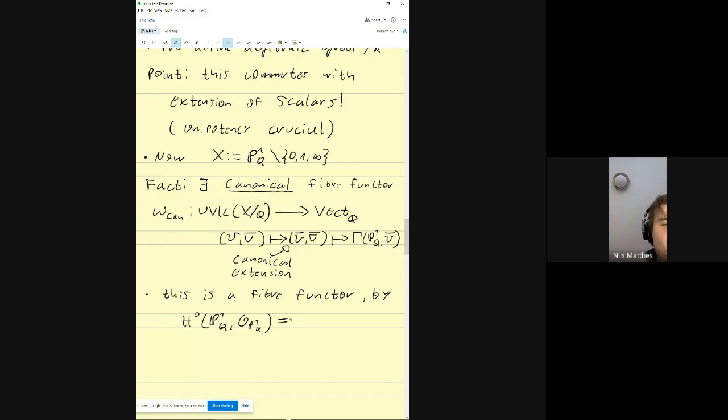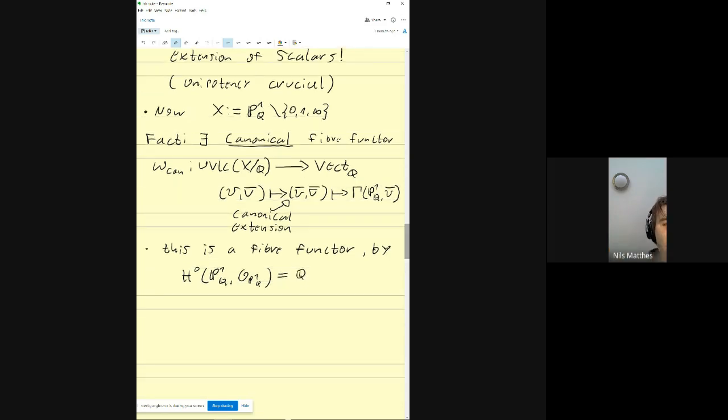The sheaf cohomology groups of P1 with coefficients in the structure sheaf are particularly simple here. The global sections are just Q, so the only functions are constant. And the H1, in fact, vanishes. It was observed by Deligne that whenever you have these conditions, you can play a similar game and get a similar canonical fiber functor. These are sometimes known as Deligne's good conditions.